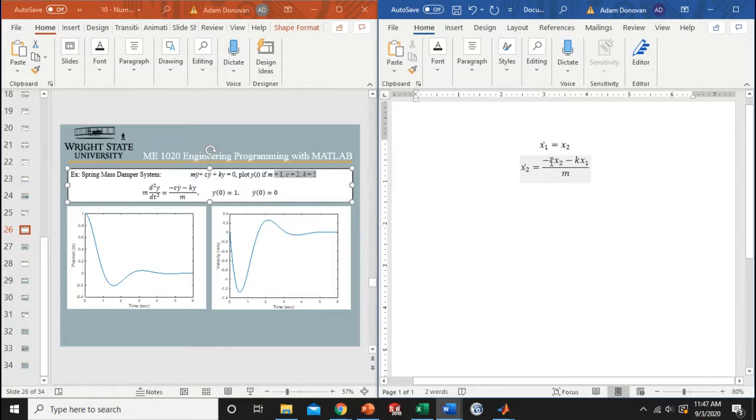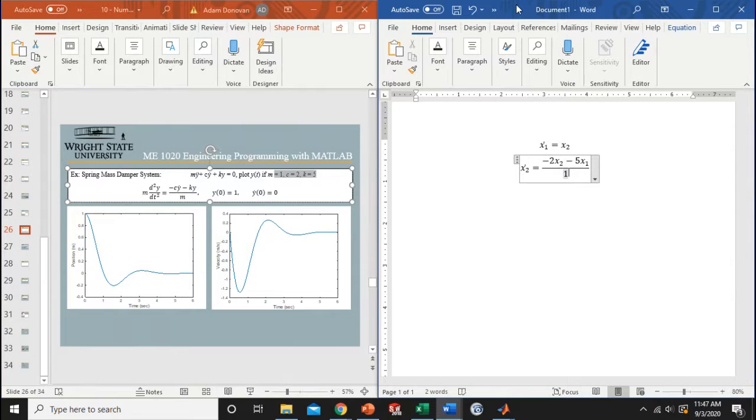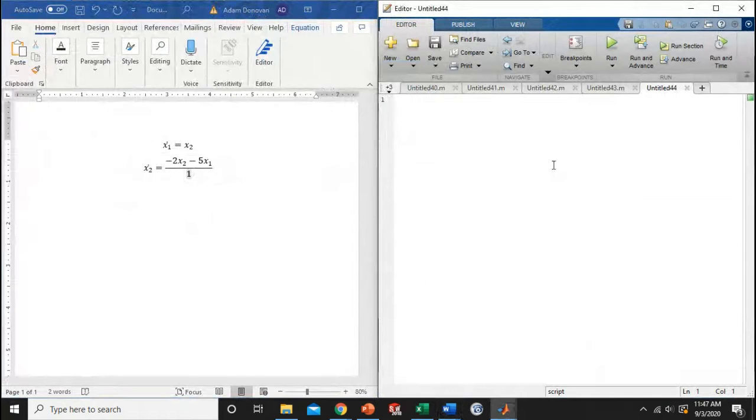I can just plug these values into this equation. That'll be easier. So c is equal to 2, k is equal to 5, and m is equal to 1. That was why I didn't include it in the rest of the solution, because it was already equal to 1. And so this is what I need to set up in my function file.